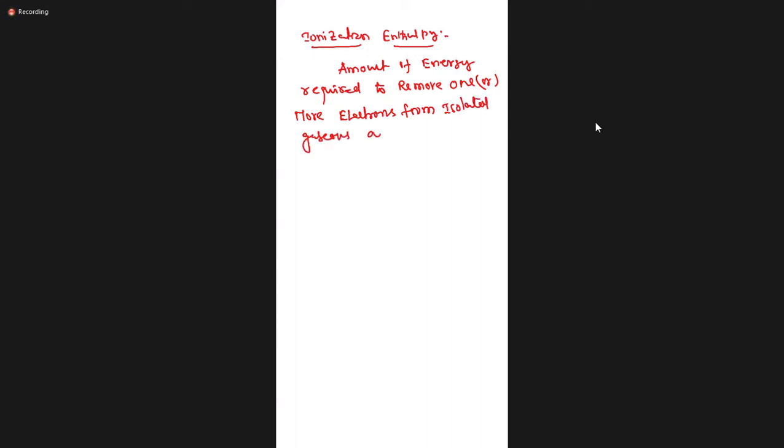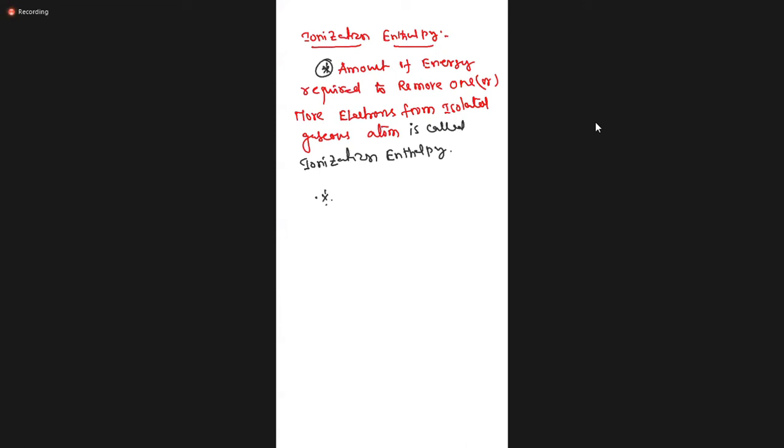Sir, this is a valence electron, no, sir? Yeah, valence electron. Amount of energy required to remove one or more valence electrons from isolated gaseous atoms is called ionization enthalpy, IP.